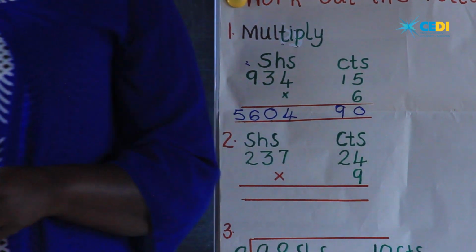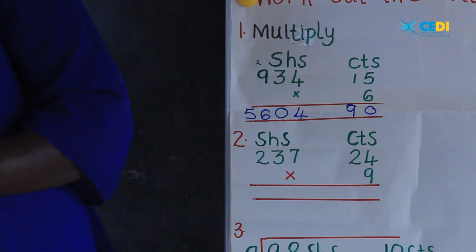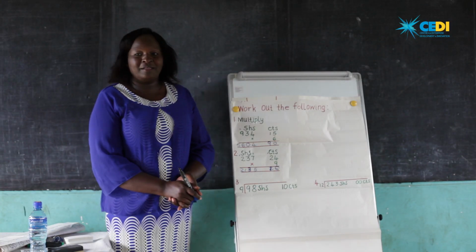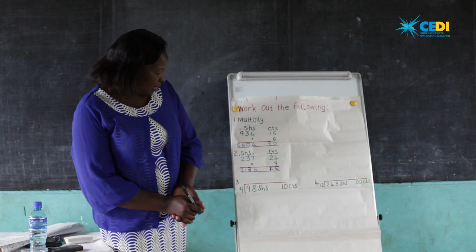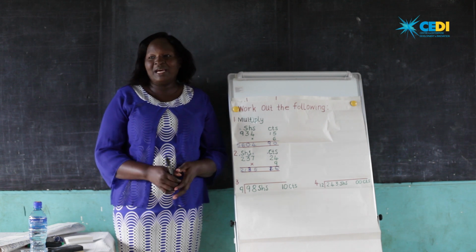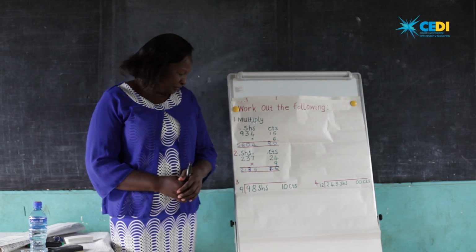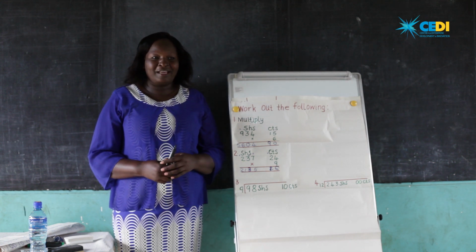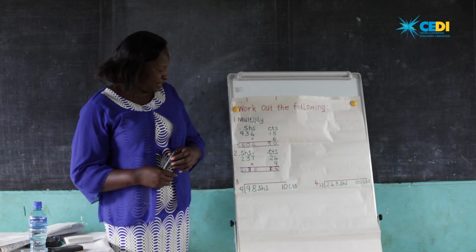Paul is already through. I can see Johnson is up. Christine at the corner. Florence, the other side. I can see nearly all the hands up.